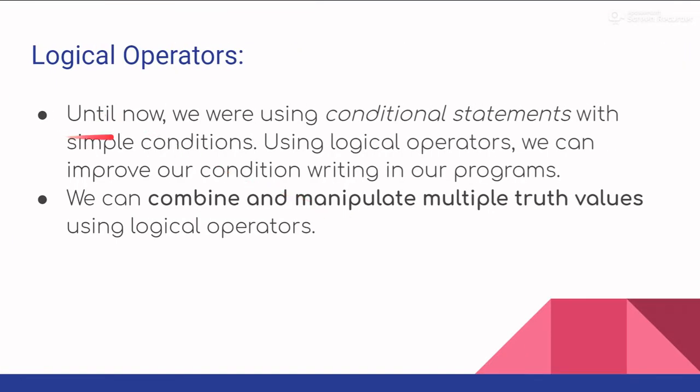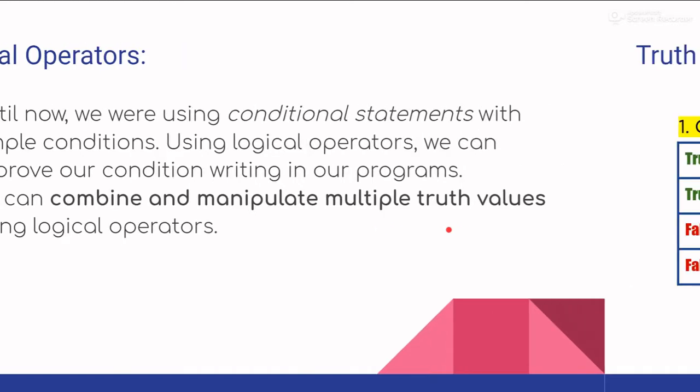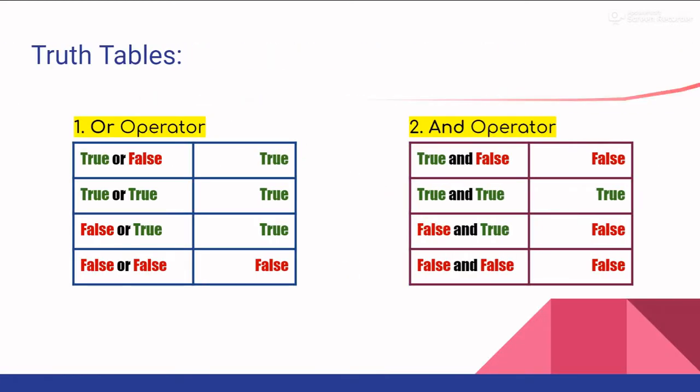Now this is just the revision. We have understood that we can increase the functionality of conditional statements using logical operators, and we will actually do this practically today. We can combine and manipulate multiple truth values using logical operators, and these were the truth tables. This is for the OR operator. In the OR operator, if even one of those values is true, the whole result becomes true, right?